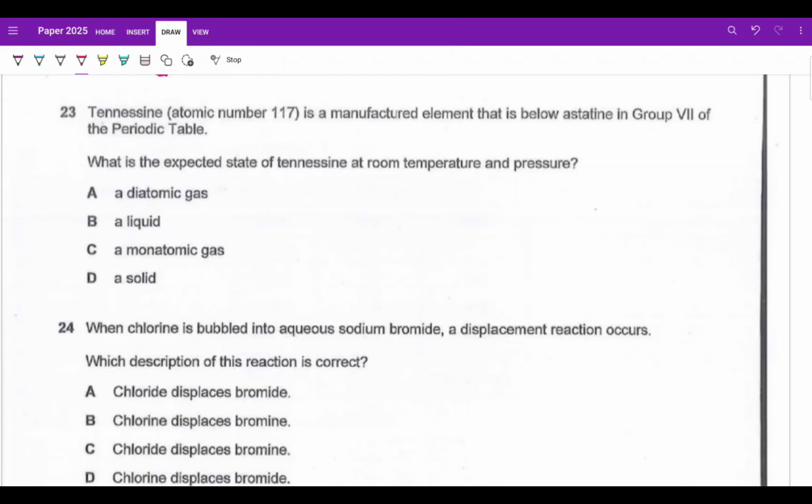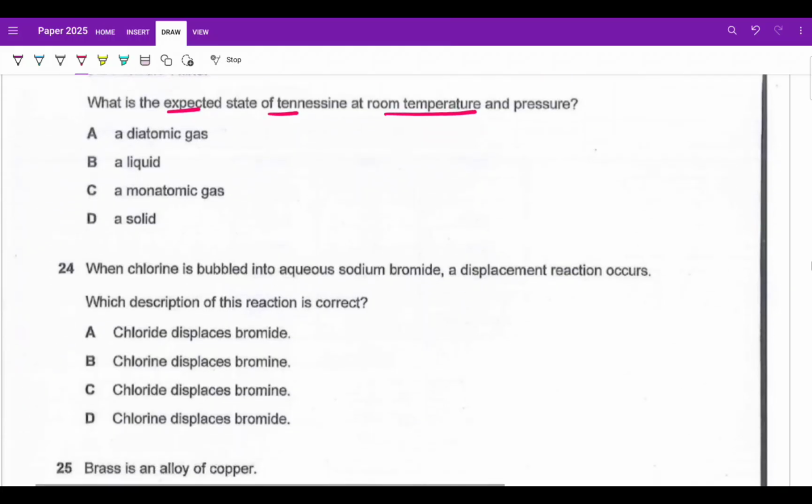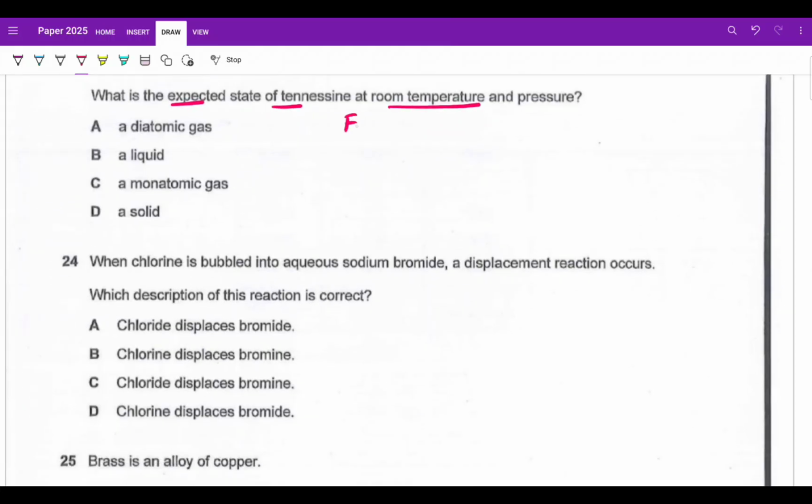Next, question 23. Tennessine, atomic number 117, is a manufactured element that is below astatine in group number 7. What is the expected state of tennessine at room temperature and pressure? Group number 7 is fluorine, chlorine, bromine, iodine, astatine and tennessine. As I am moving down, the state changes from gas to liquid to solid.